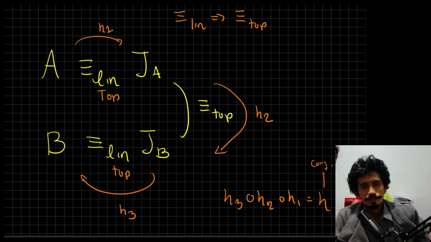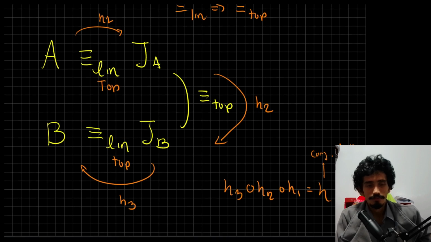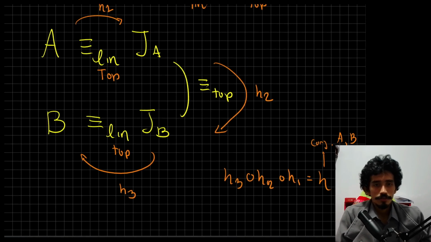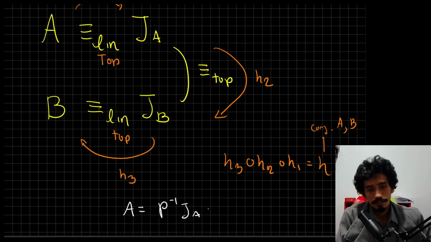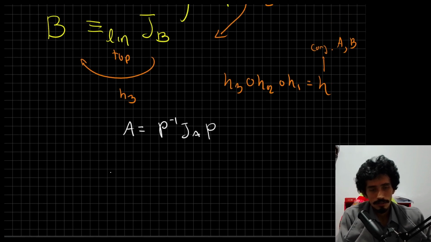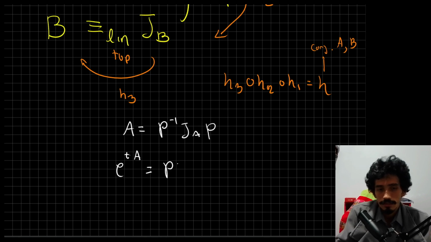Now, we know which homeomorphism is here because, well, you know that A is equal to this, and so when you do this, there's a theorem that tells you this.